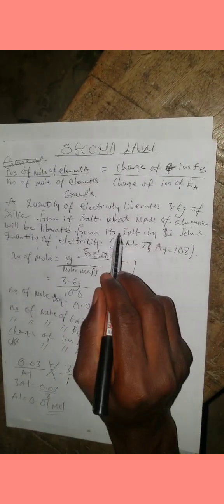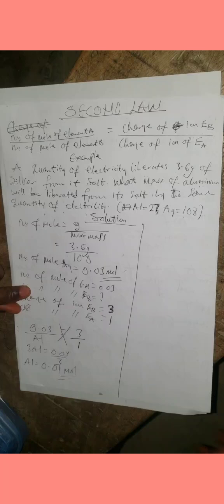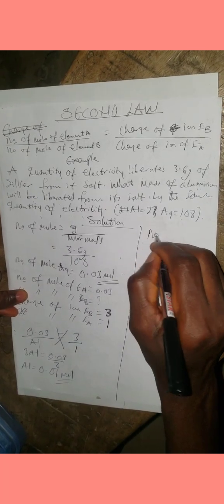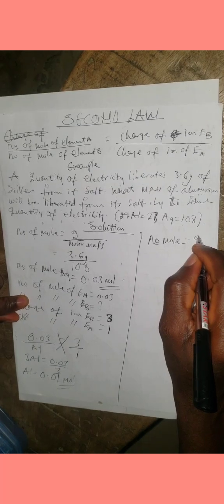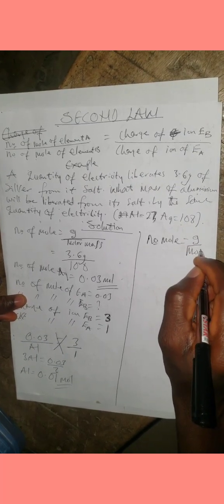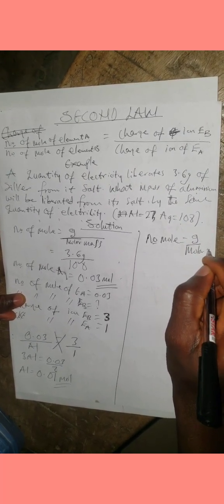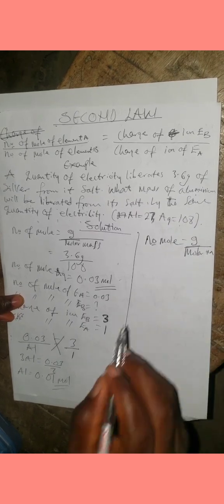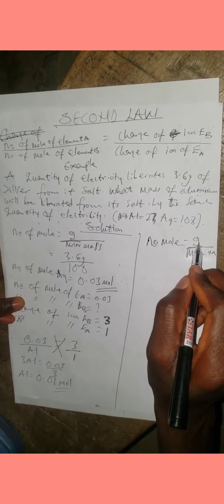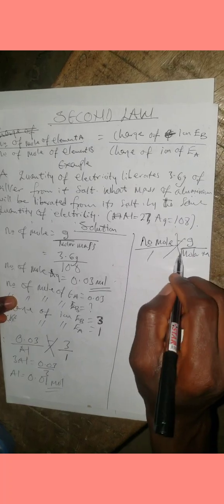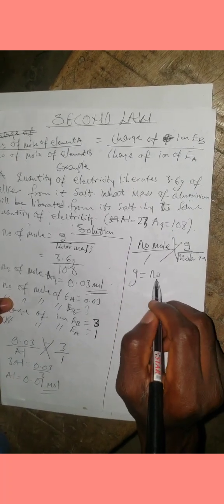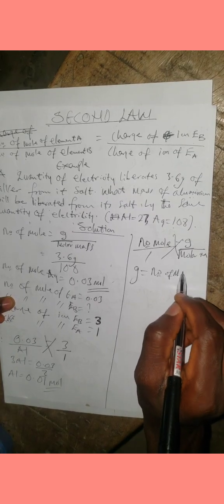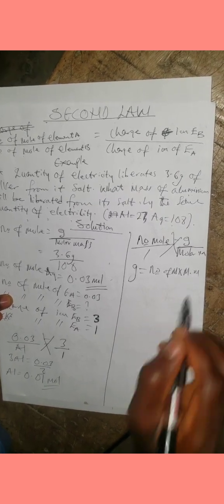So to get what we are asking for, which is the mass of aluminium: number of mole is equal to reacting mass, which is gram, over molar mass, capital M. Now what we are looking for is this G, the gram. So cross multiply. G, which is mass, is equal to number of mole times molar mass.